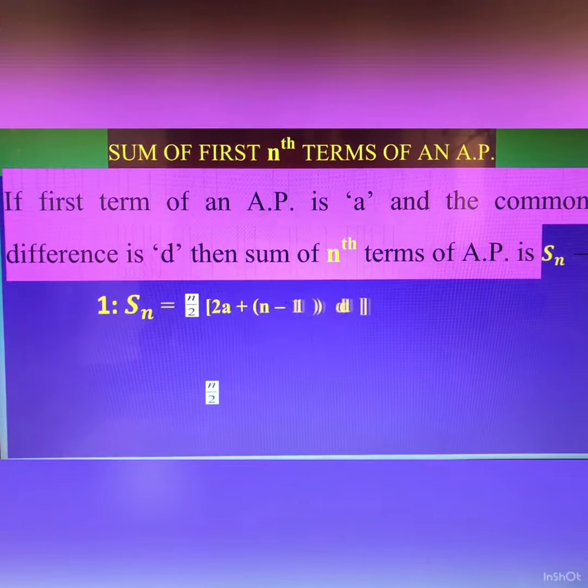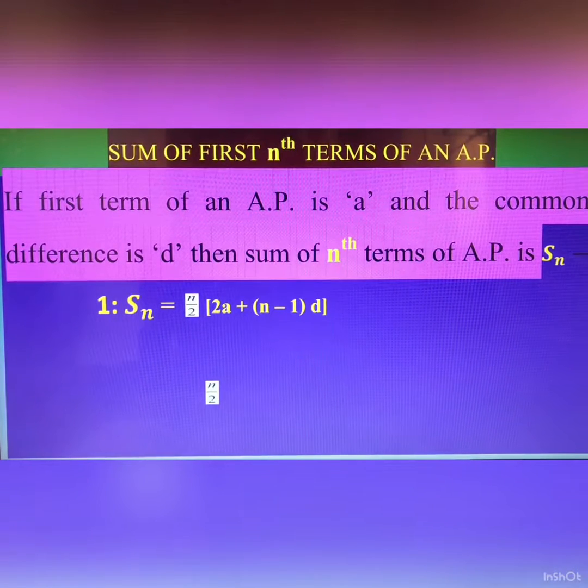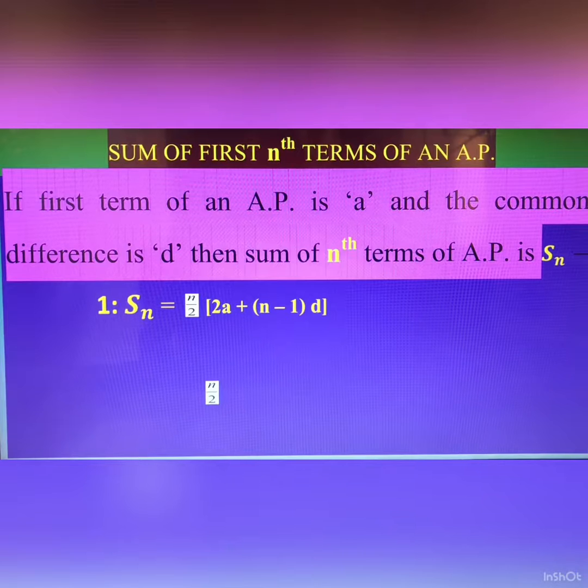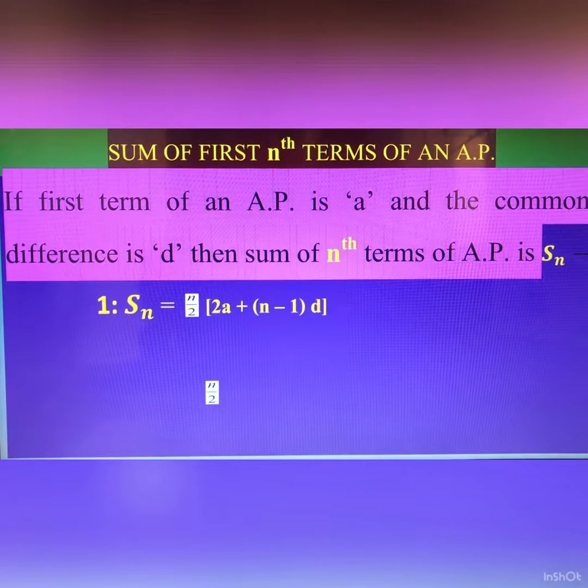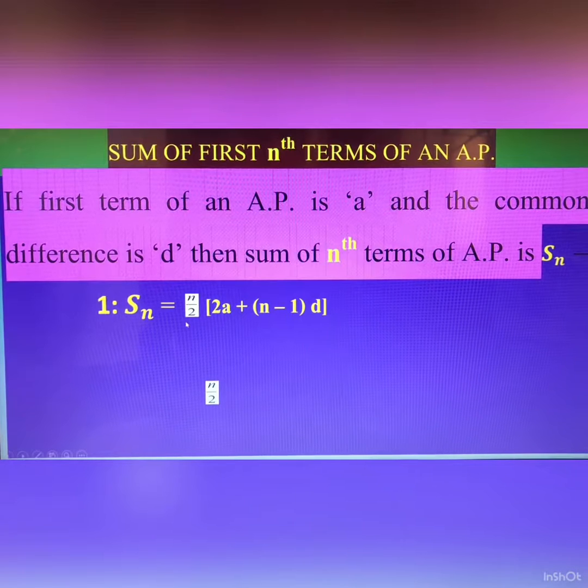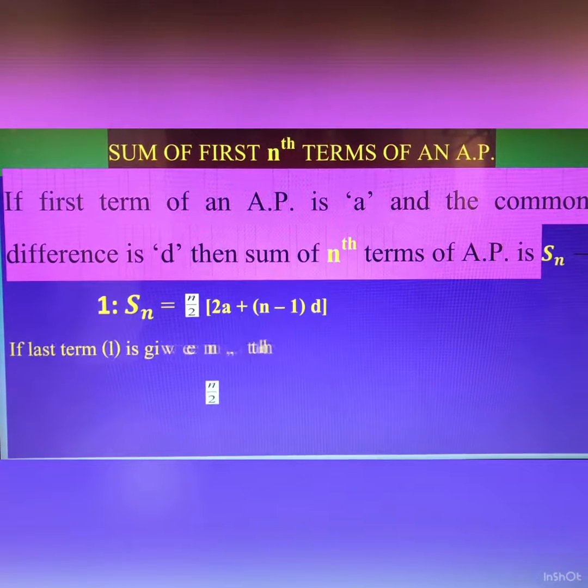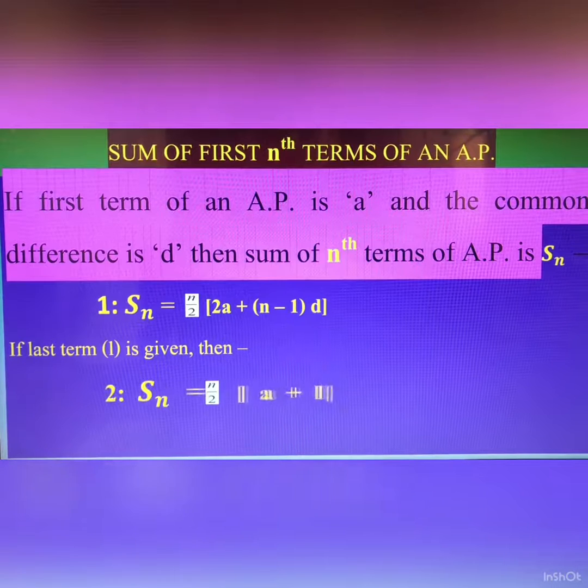Sn is given by n by 2 multiplied by (2a plus (n minus 1) into d). So this is the sum of n terms of the AP. But if the last term is given, then we will use the shortcut formula, that is Sn equal to n by 2 multiplied by (a plus l).